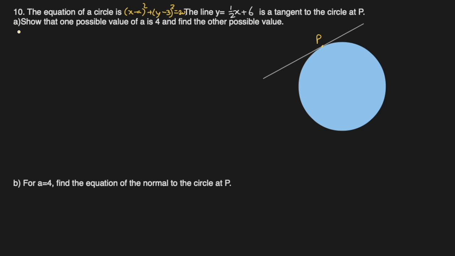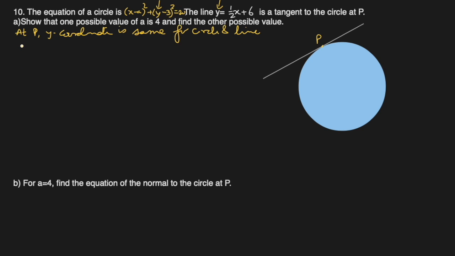So at P, the x and y coordinates are both the same for the line as well as the circle, but I'm focusing on the y coordinate only. So the y coordinate is the same for circle and line, so we can equate this y equal to this y.